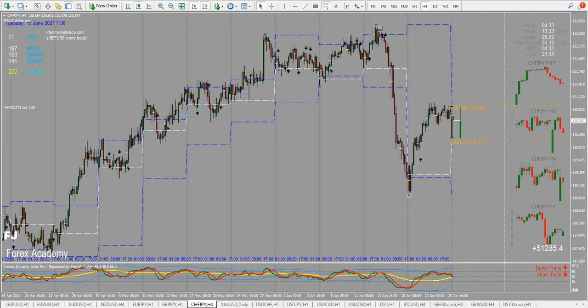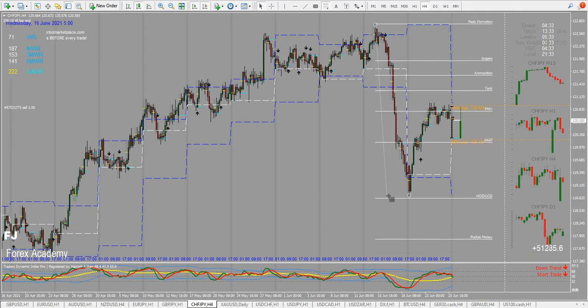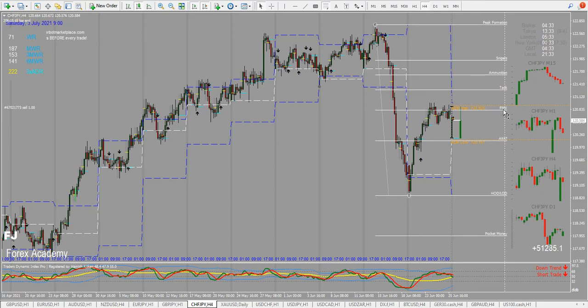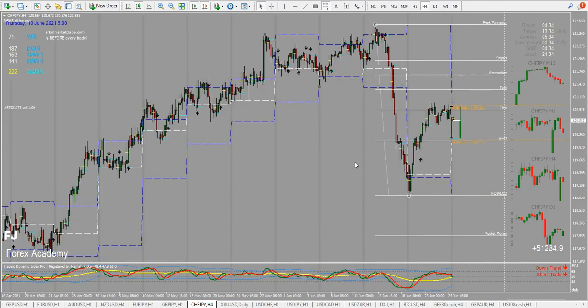Let me see if they are on a discount level or what. Yeah, they are trading within the fair value, the 50% of that movement, and I'll be expecting them to drop more to take out the liquidity that they have created here.